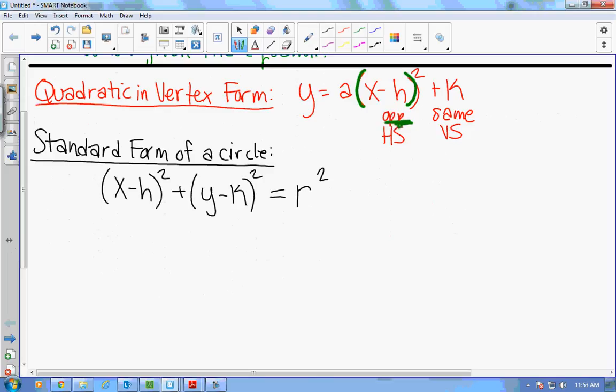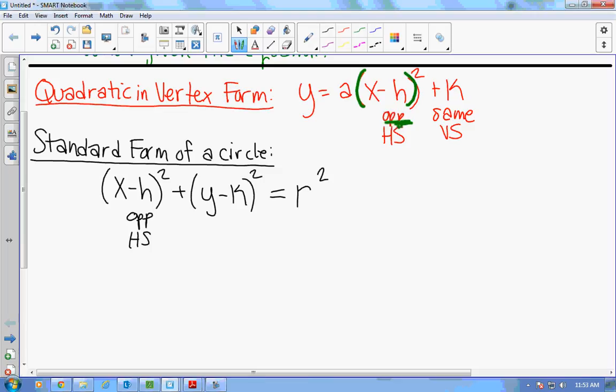Notice how the h is in parentheses. What's the word we should tell ourselves? Opposite. So our x shift, this is still a horizontal shift. It's the same as the quadratic. It's still, because the x's is our horizontal axis, it's still a horizontal shift. What do we say? Because this minus k is in parentheses.